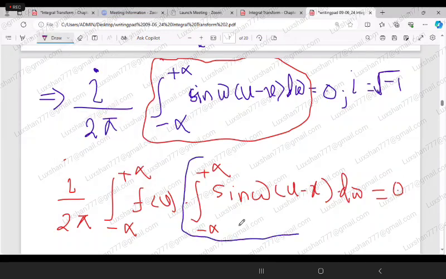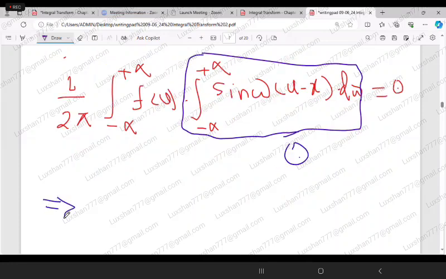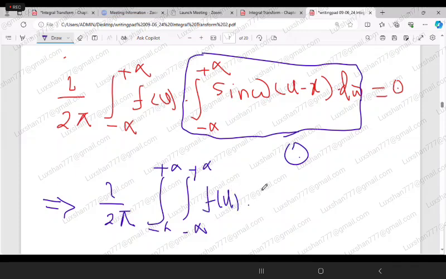So this part is 0. Therefore, from this one, you can write like the earlier one: i over 2 pi, minus infinity to plus infinity, minus infinity to plus infinity, f of u sine omega (u minus x) d omega.